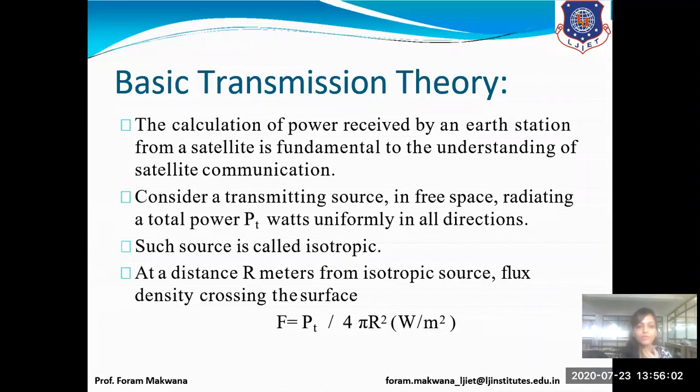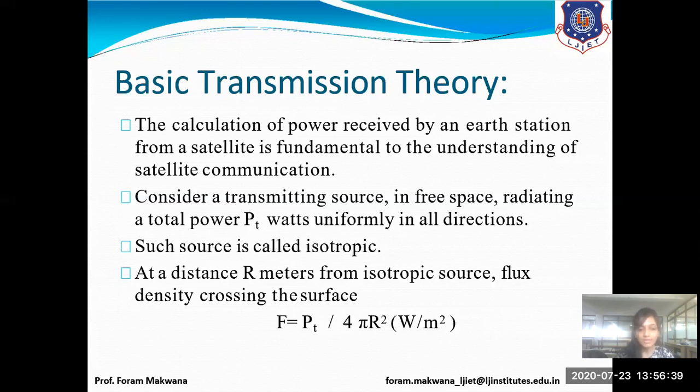When we are going to establish a communication link, whether it is wired or wireless, if we are designing a communication link for satellite communication, then we have to consider all the parameters, like what is my transmitting power, how this transmitted power will be transmitted over a specific distance, what is its density, what are the different losses, what is the transmission medium.